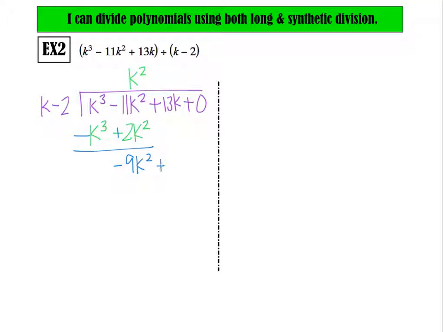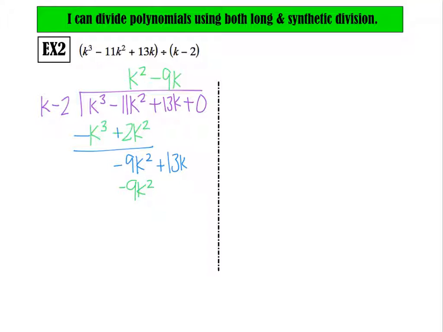And then I bring down my plus 13k. All right, what do I have to multiply k by to get negative 9k squared? Well, I would need to multiply by a negative 9k. So now I'm going to distribute that negative 9k to both of those pieces. So negative 9k times k is negative 9k squared, which is what we wanted.